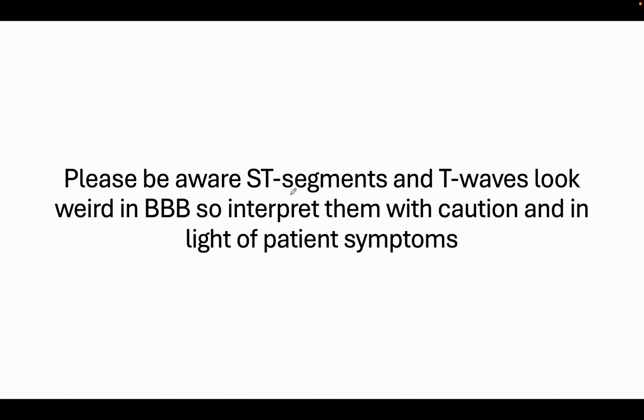So please be aware that ST segments and T waves look weird in bundle branch blocks, so interpret them with caution and in light of the patient's symptoms. And why I say this in this video is because in my later videos you'll learn about STEMIs and NSTEMIs, which are ECG findings for myocardial ischemia and myocardial infarction, and they're associated with ST segment changes.